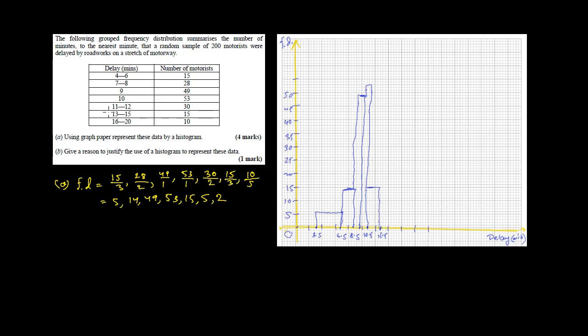Now this is 12.5 to 15.5. So if this is 12.5, this is 14. This is 16. So 15.5, somewhere around here. 15.5, and the height of this building is going to be 5. So this is going to be 5. Okay, the next one is going to be 15.5 to 20.5.